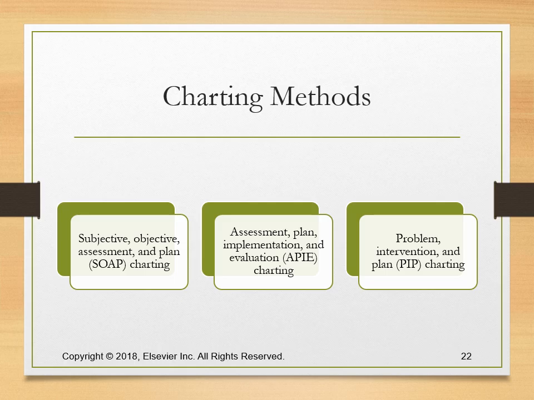PIP charting, or problem intervention and plan charting, is at the other extreme from the detailed presentation in a SOAP note. It is a minimalist approach. Problem, intervention, and plan charting is based on the assumption that the data collection has already been done in the medical record and that the subjective and objective information gathering is redundant.